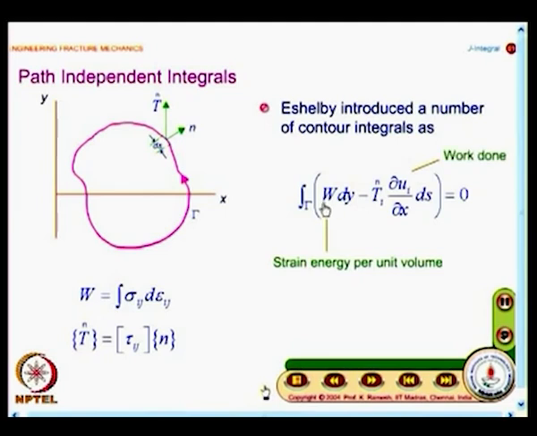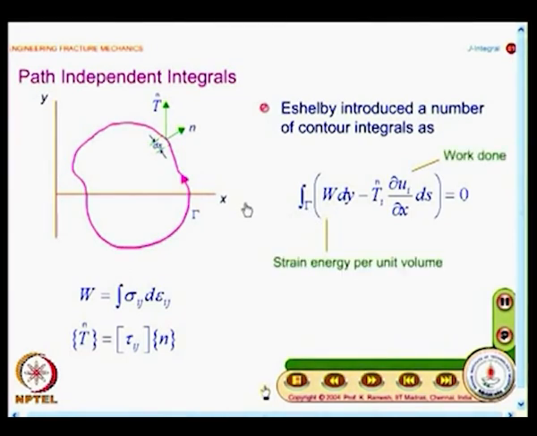Normally we associate W with work done, so it is better to change this symbol. I would also show that the first term essentially gives the strain energy per unit volume, and the second term has the stress vector, and this is the work done.